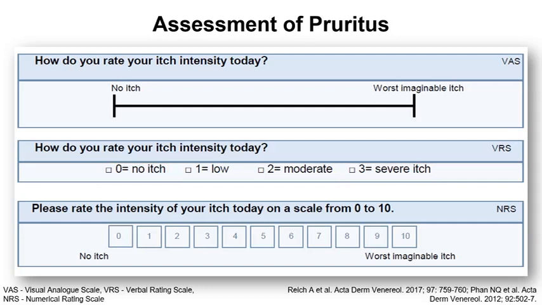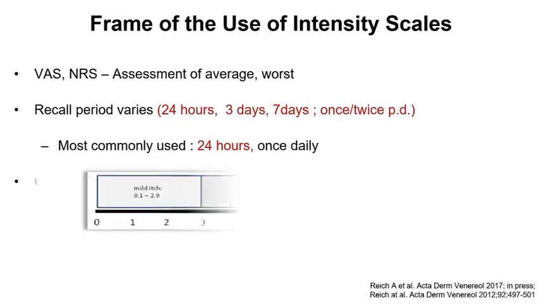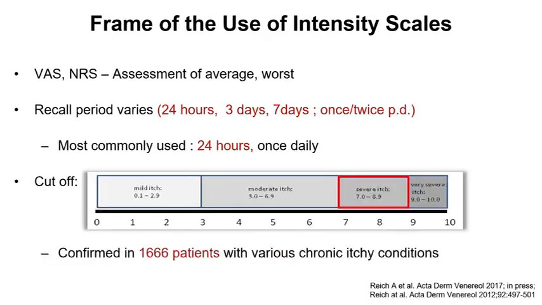While for the visual analog scale and numeric rating scale, we have some cutoff values. Yeah, so we know what it means. The severe itch is between 7 and 9, and very severe is 9 to 10. Below that, we have moderate and mild itching. So what are you asking for?